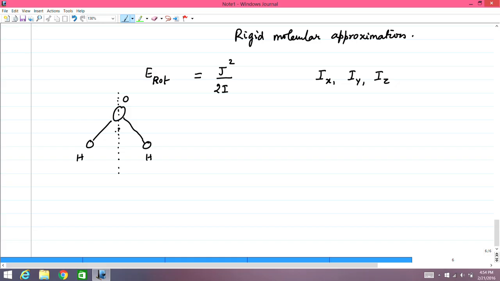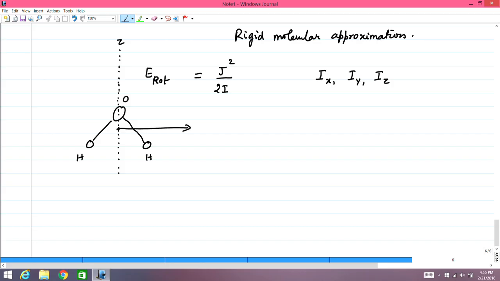Therefore, this is half of the bond angle, and if this is the center of mass, this axis, which is also the molecular symmetry axis, is usually called the Z axis. Then what you have is a y axis which is perpendicular to that, and an x axis which is actually perpendicular to the plane of the screen.